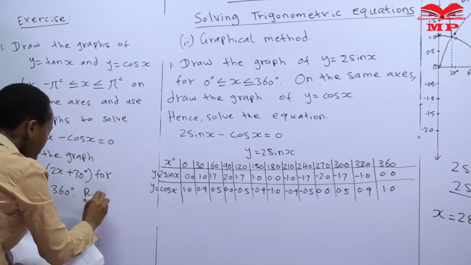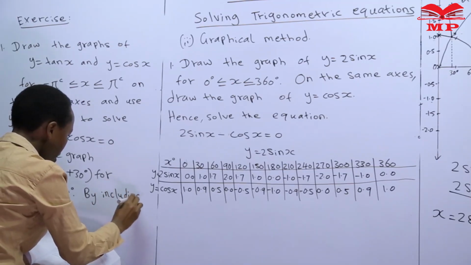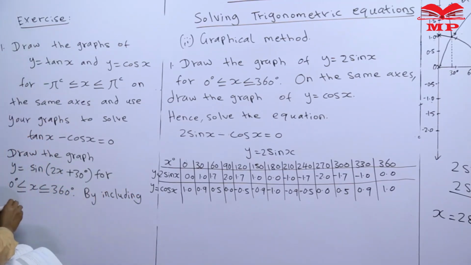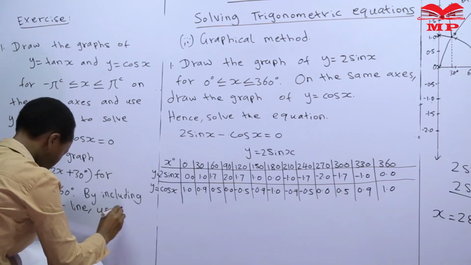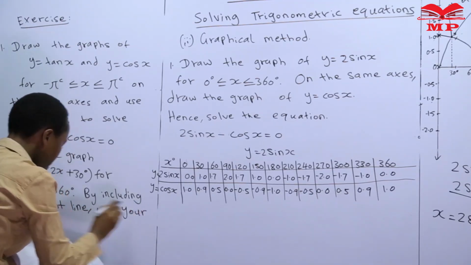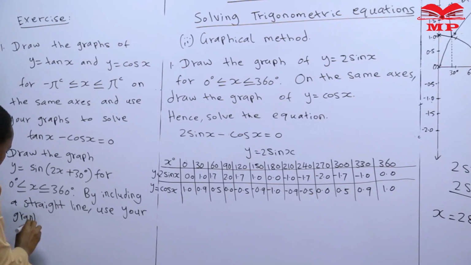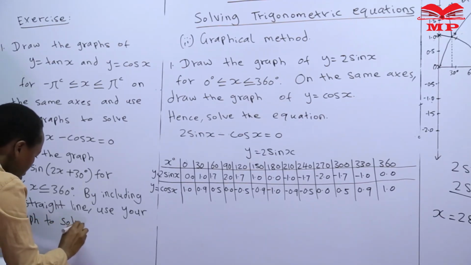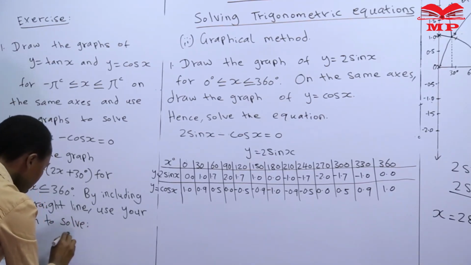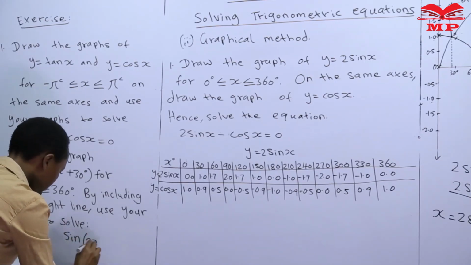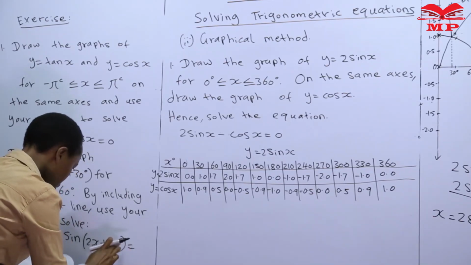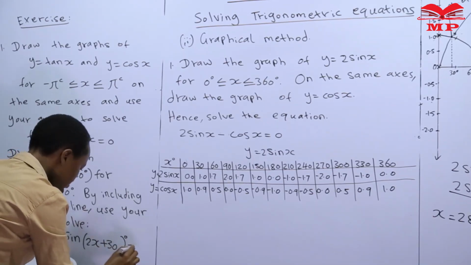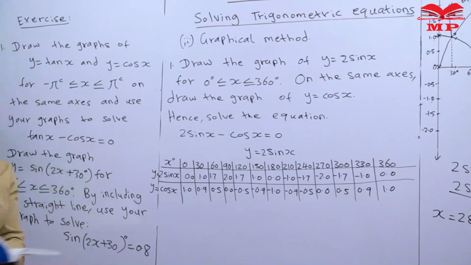Then by including a straight line, use your graph to solve sine of 2x plus 30 degrees is equal to 0.8.